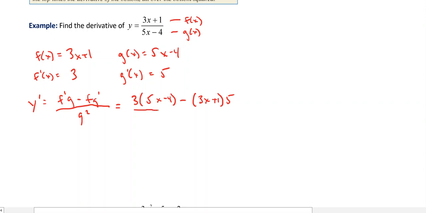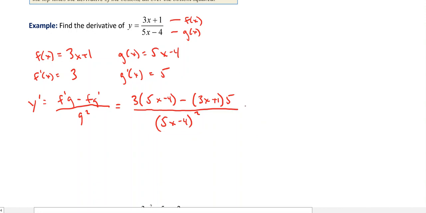And all of that is being multiplied by g squared. So we have 5x minus 4 quantity squared. And don't actually square that, just leave it written as 5x minus 4 quantity squared.